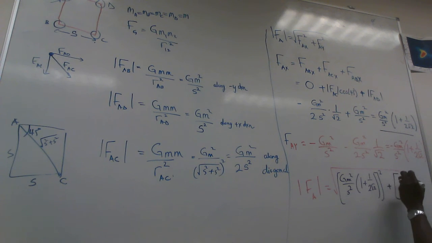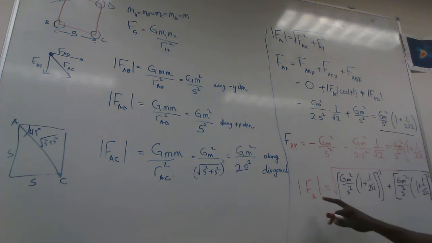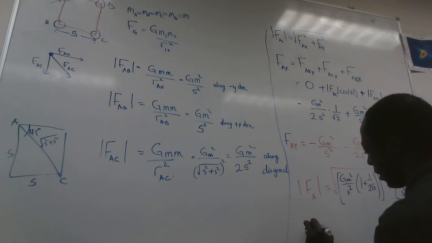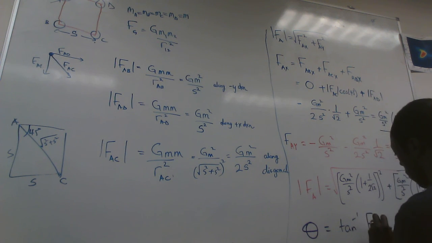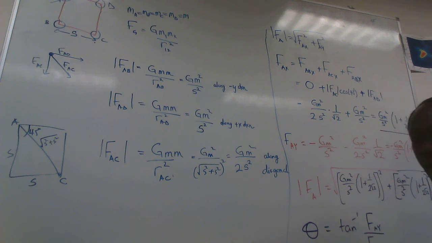So let's extend this out: GM squared over S squared, 1 plus 1 over 2 square root of 2, all squared. That gives us the magnitude of FA, and to find the angle, that would be equal to the tan inverse of the y component of FA divided by the x component of FA.